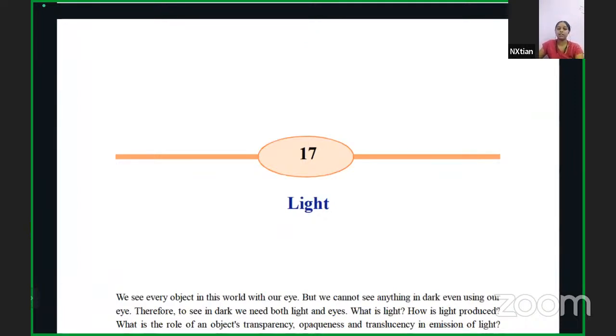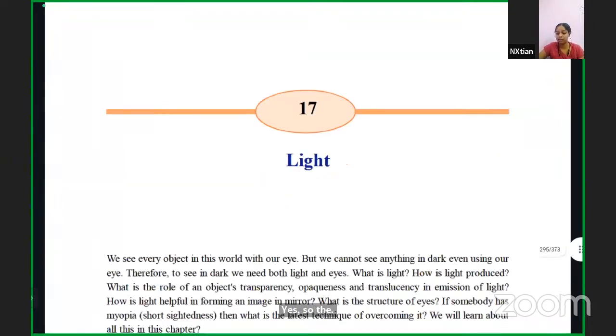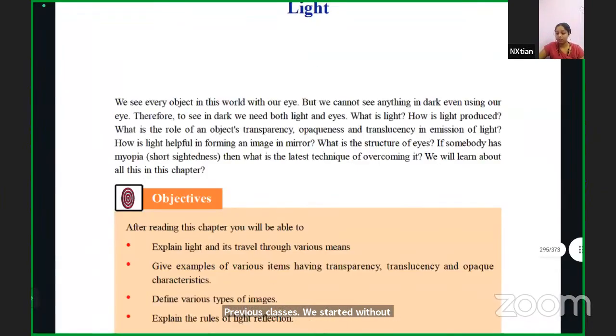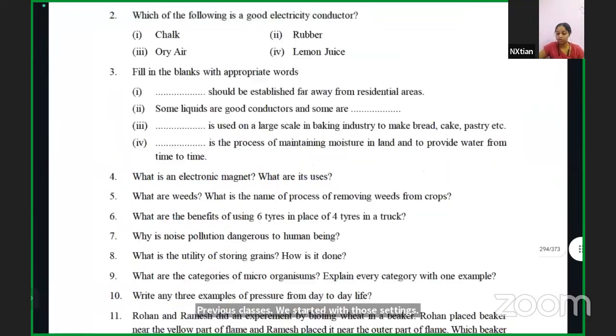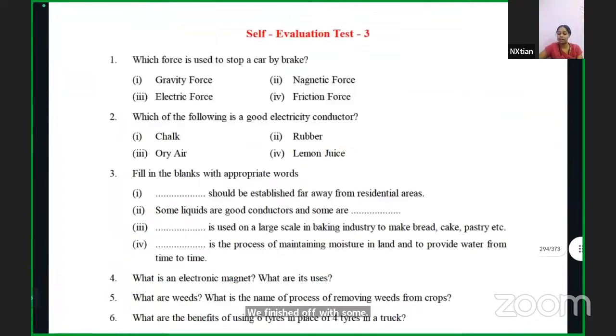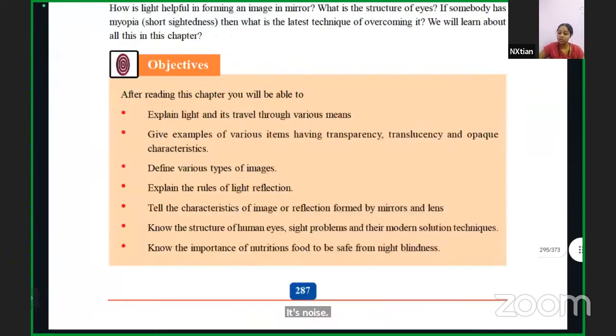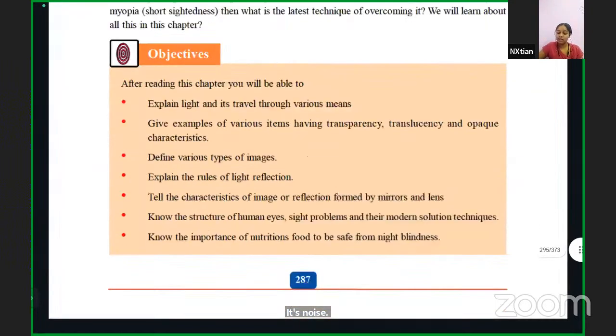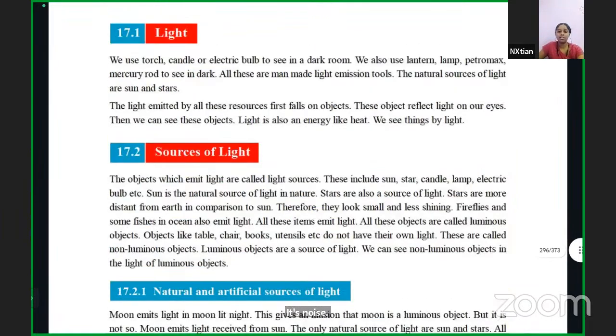Yes. So in the previous classes, we started with the 17th chapter, light. We finished off with sound, with noise, noise pollution and all that. We started with light. And light is basically an energy that allows us to see various objects.